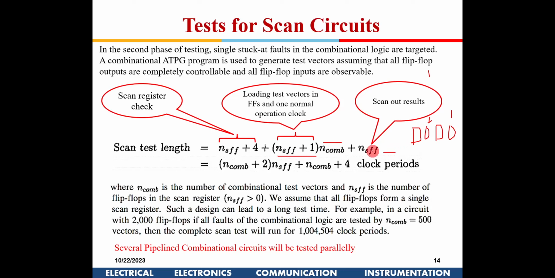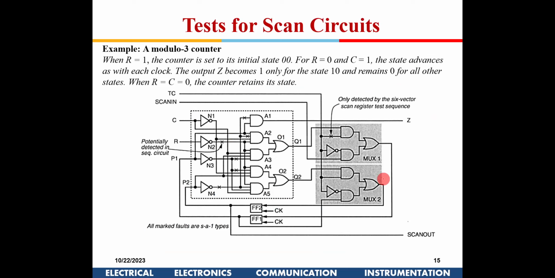So that will also be required. So plus you need to do this. If you simplify this, this is the result which comes. So this is the total number of scan length which is required.